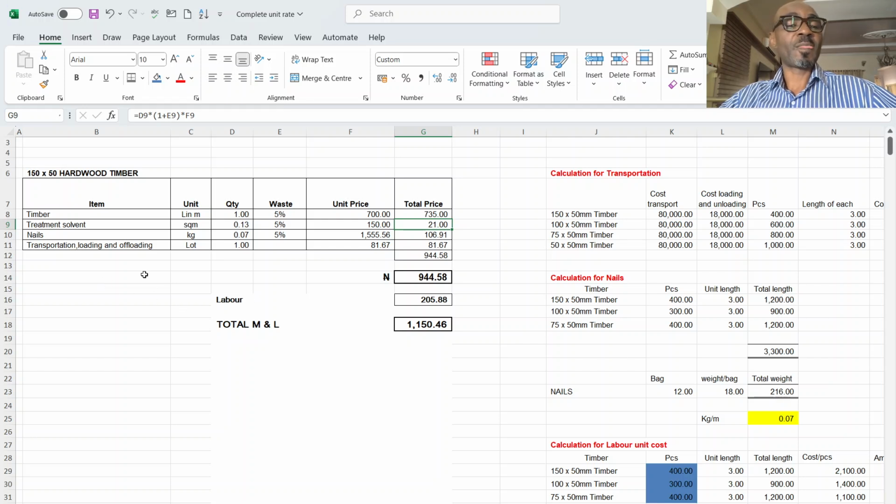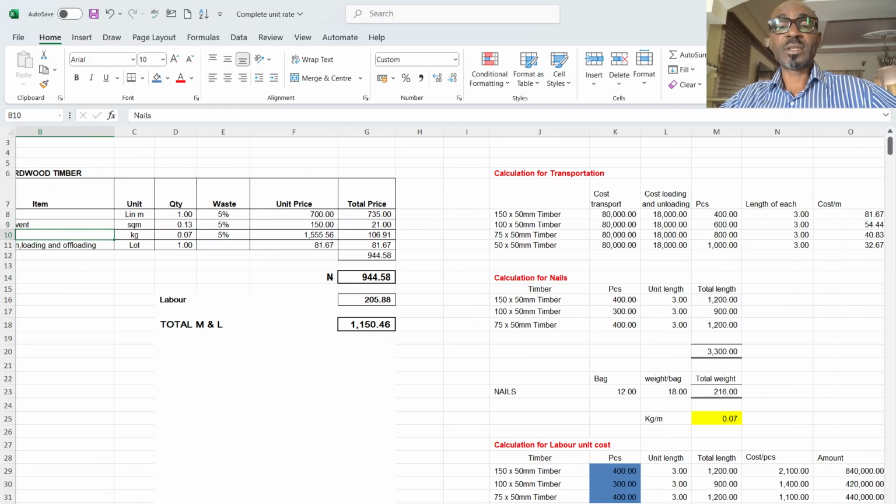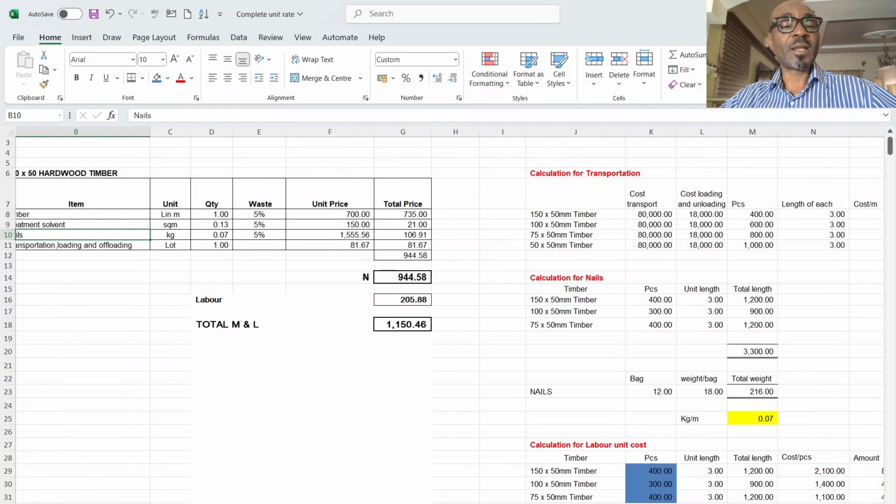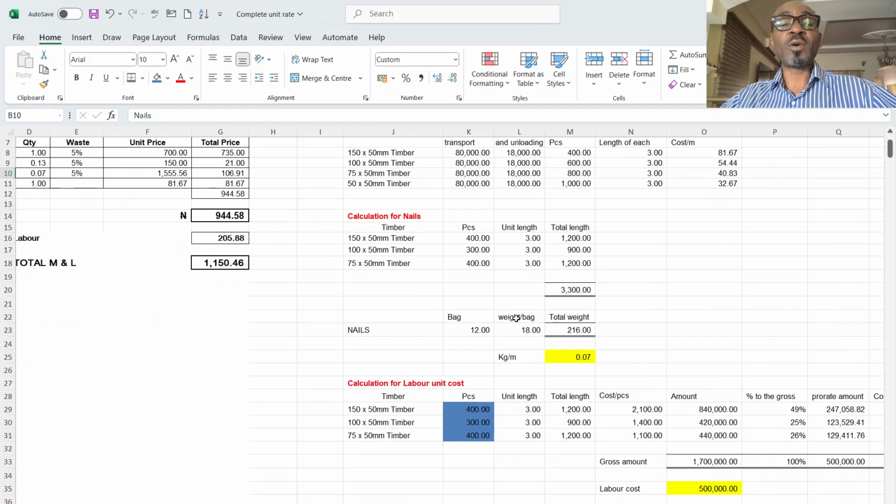So I now have the nails, and the nails can best be determined by keeping your cost data from various sites, and I'm going to illustrate that exercise here. Say for a particular roof, you procured 400 pieces of 150 by 50, 300 of 100 by 50, and 400 of 75 by 50 that you used for that roof.